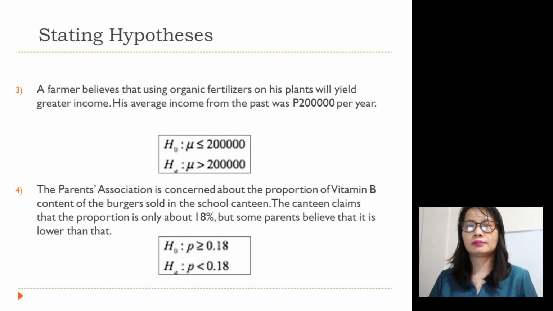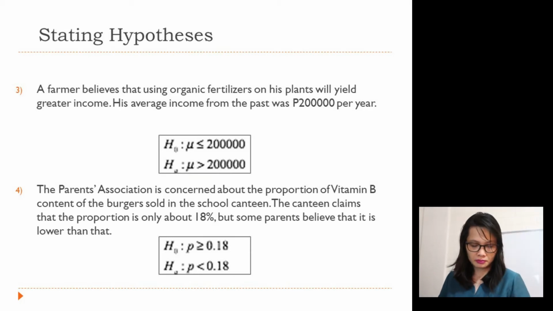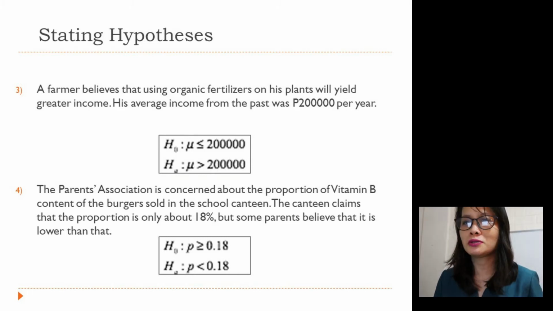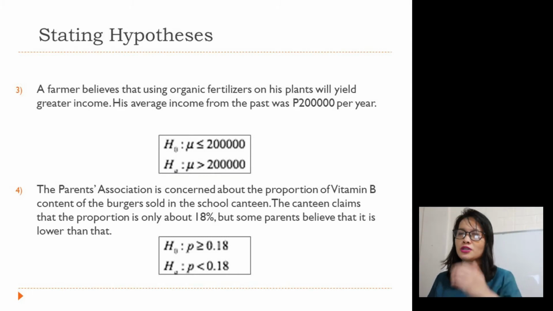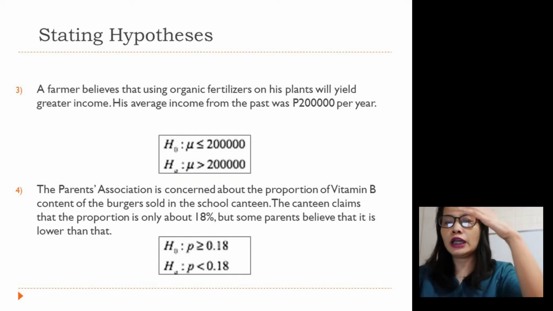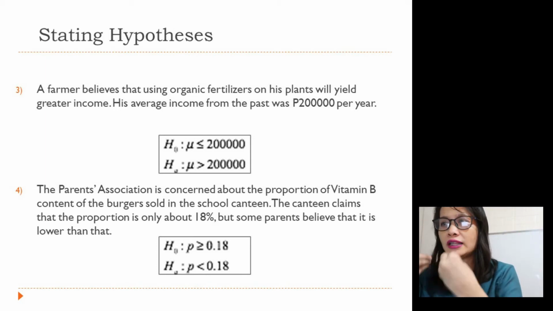What is your H0? Try to examine number 3. A farmer believes that using organic fertilizer on his plants will yield greater income. His average income from the past was 200,000 per year.